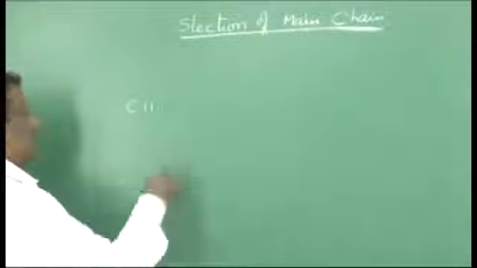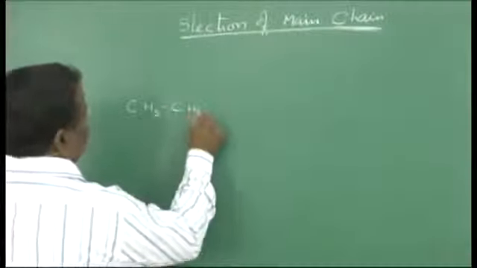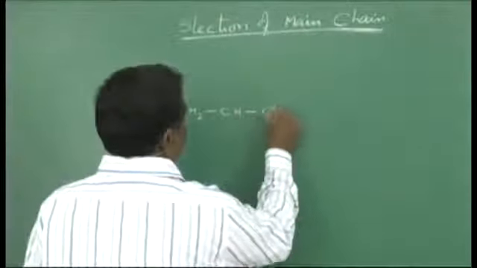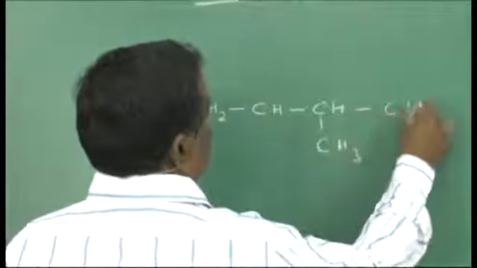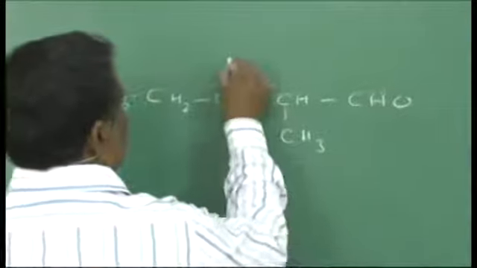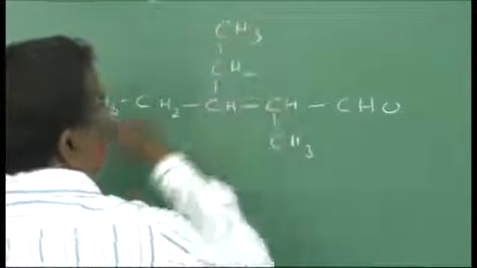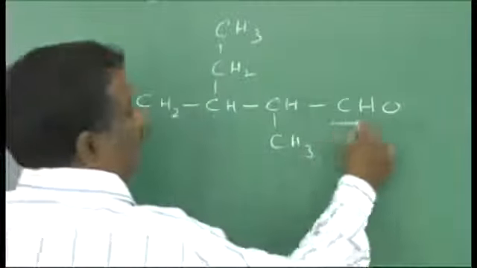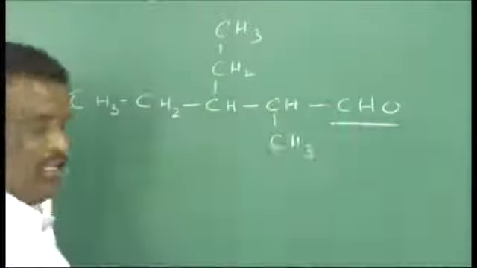Now let us take another example. Here in this compound we have a functional group CHO, that is an aldehyde, and it should be in the main chain.